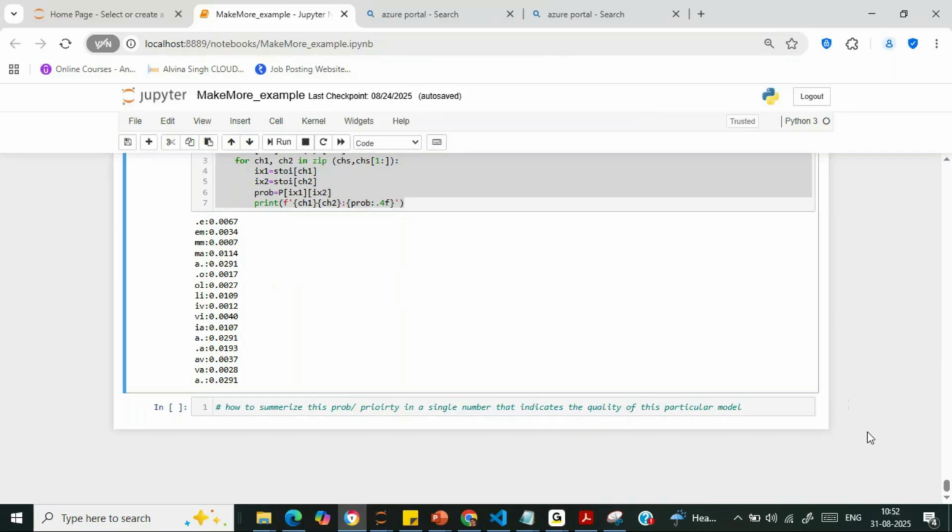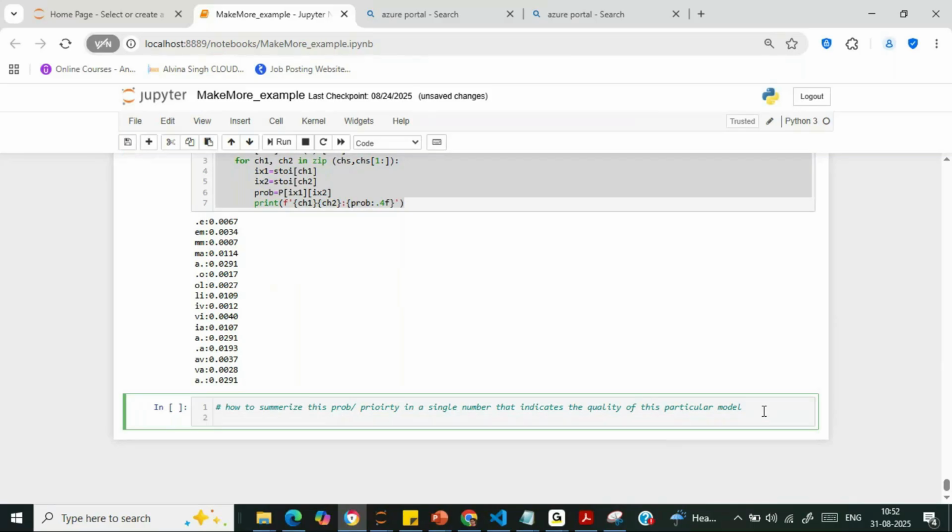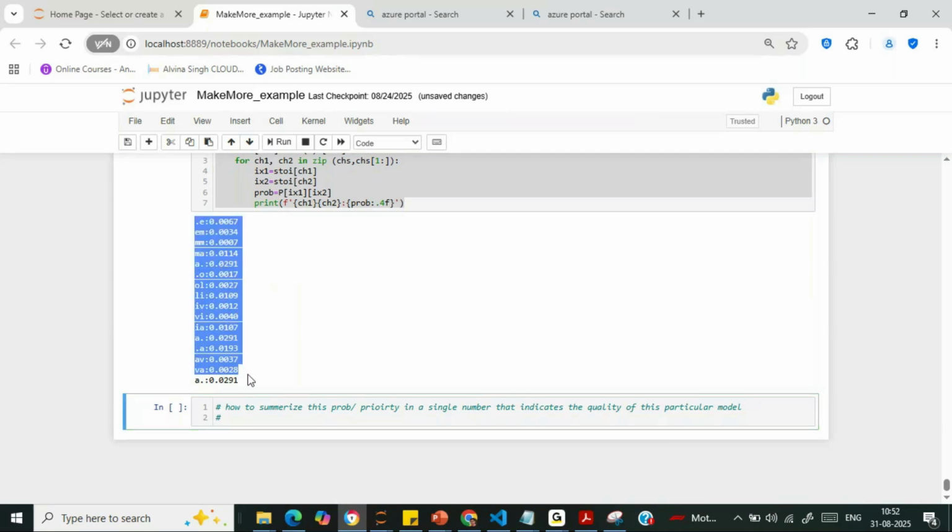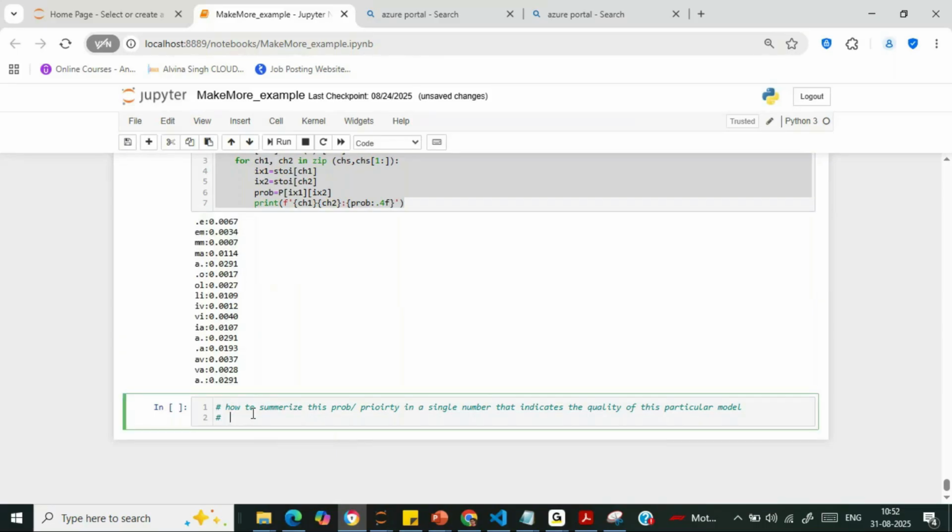Okay, so what I need to do, how can I do this? If I take the product of all the numbers, then I will be able to calculate the probability or quality of this model.